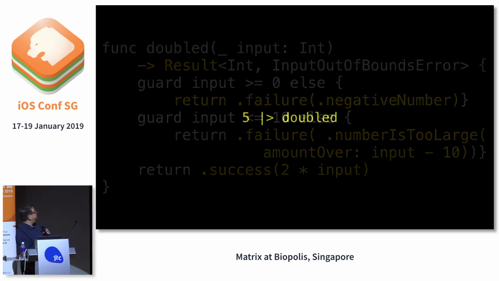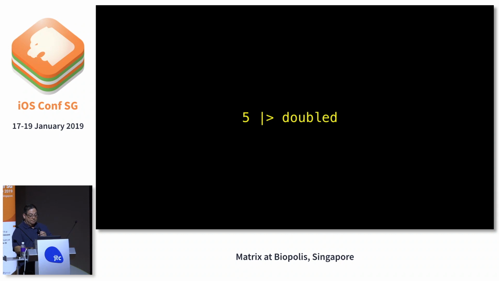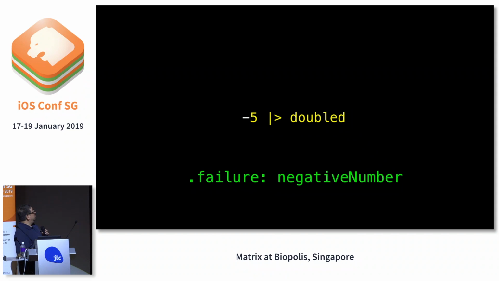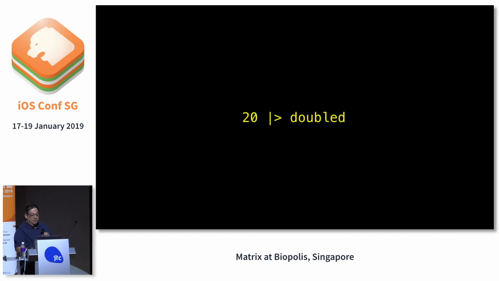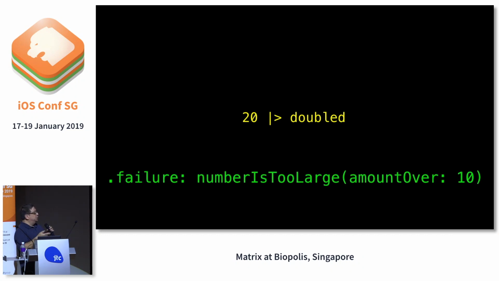So I take 5 and I double it and I get a success of 10. I feel great. I take -5 and I double it and I get a failure, negative number. These are all result types. I get a 20 and I double it and I get a failure, the number's too large, it's 10 too big.